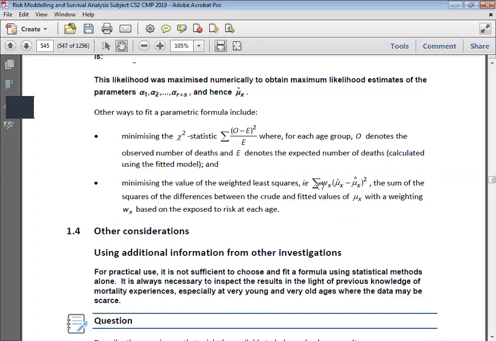So here the weights are actually tricky. Sometimes this is assumed to be the inverse of the variance, because if you have a lower variance, then you have more confidence, right? And if you have more confidence, then you want to put more weight into that particular subtraction that you're doing at that particular age. But again, the weighting is based on the exposed to risk, which I think makes sense, because if you have more people being exposed to risk at some point in time, then that should hold more weight.